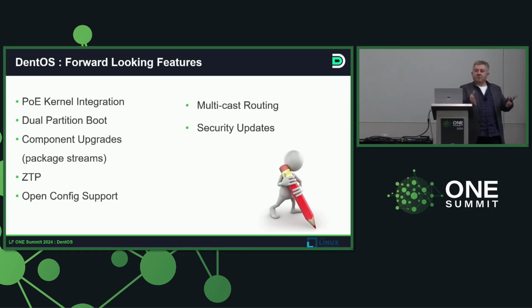When you're updating the whole OS, it takes a huge amount of testing effort, especially addressing the security-related issues. We'd like to be able to update only the packages that are necessary. Obviously, that will include ZTP and even OpenConfig support, so that we can figure out what needs to be configured, what needs to be updated, and how we zero-touch provision the new features.